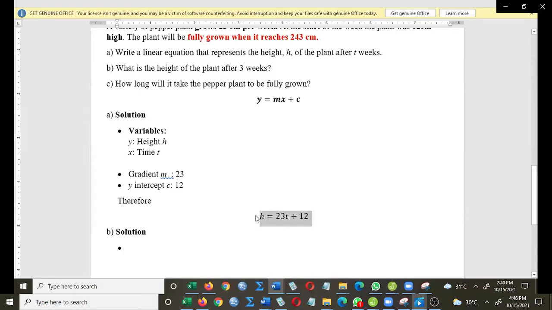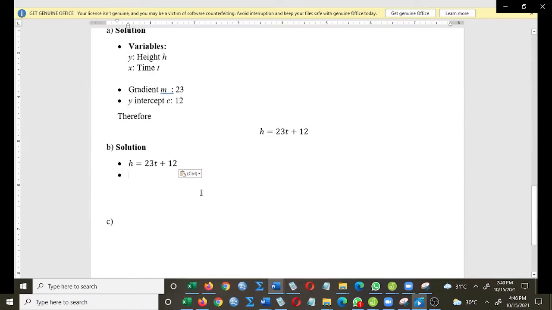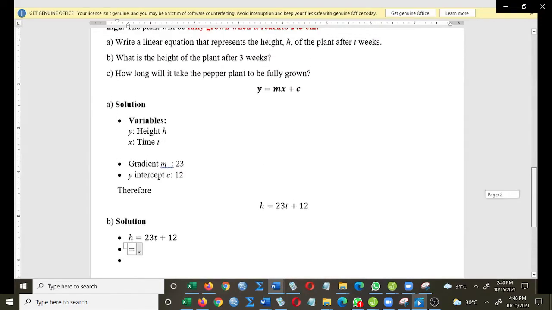Okay, so therefore you say that we know that H is equal to 23t plus 12. And then you would tell the person now, it is told that H is equal to, okay. Just keep that thought. You're on the right track.